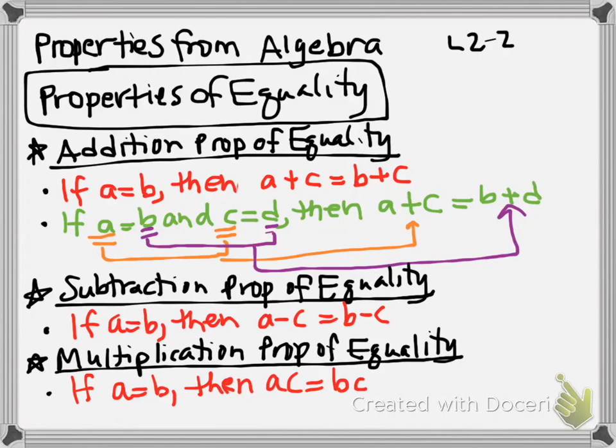And in other words, what you did a ton of last year, if I multiply both sides of the equation by the same thing, I'm not changing the values at all, okay? I'm just increasing them the same amount. And guess what's coming next?